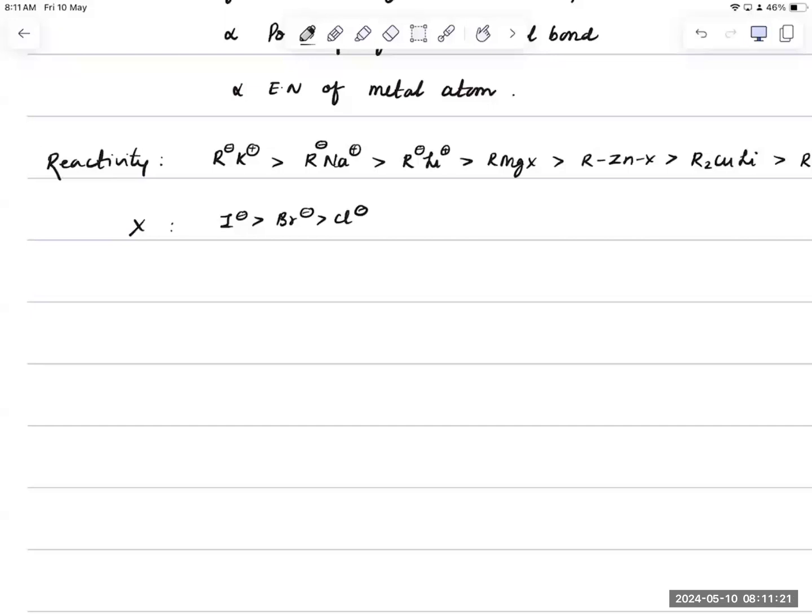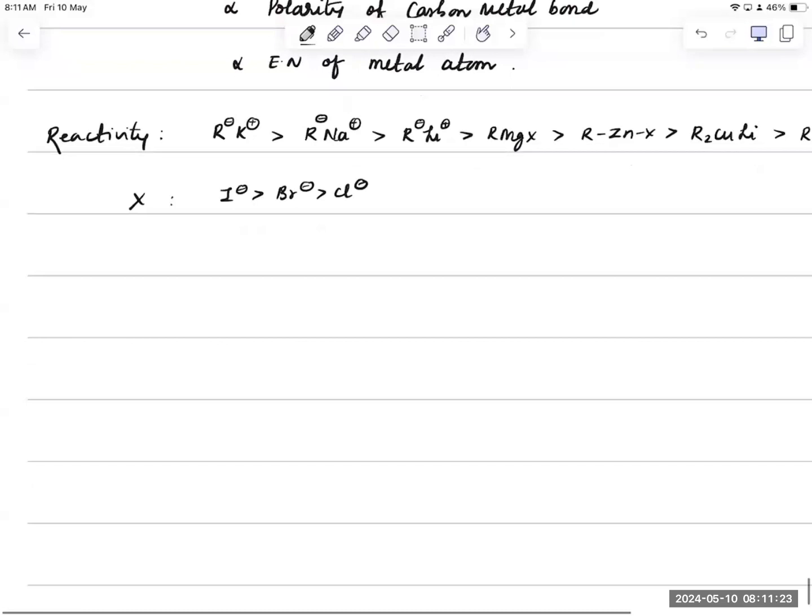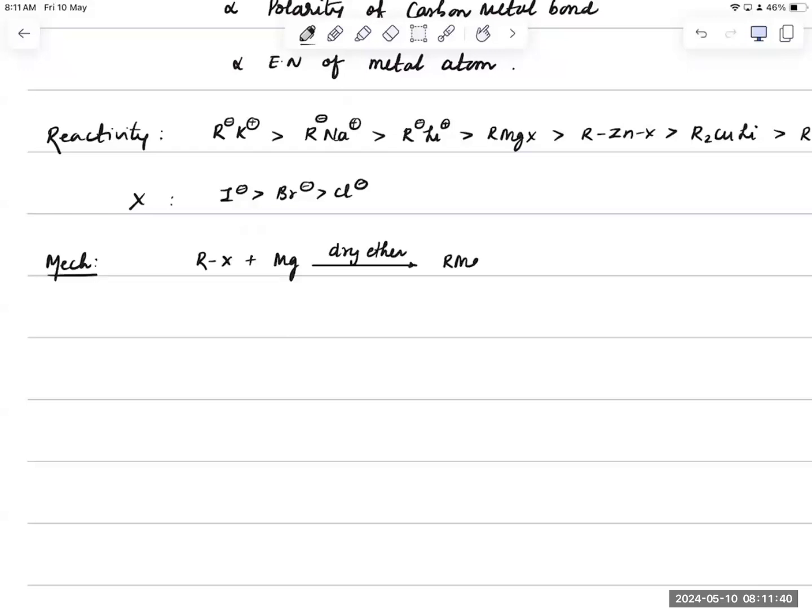So basically, how it happens is like this. If you notice the mechanism here, it is R-X plus Mg in the presence of dry ether, and we are able to generate RMgX.